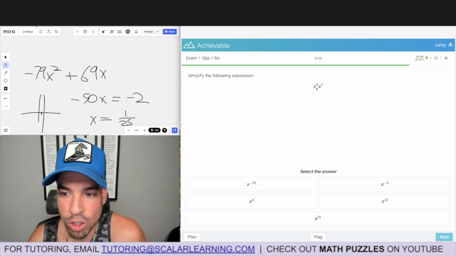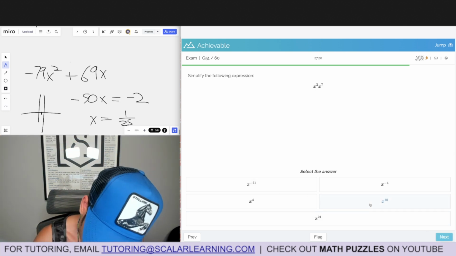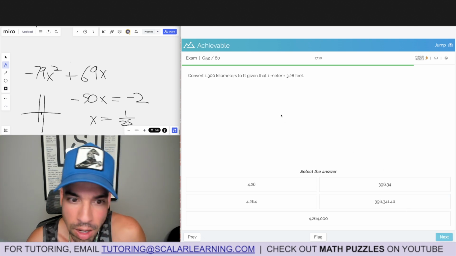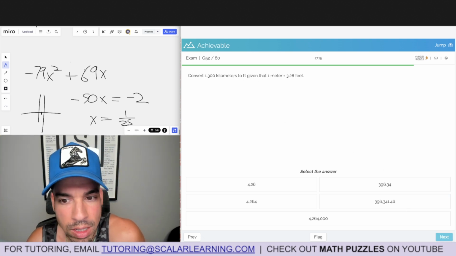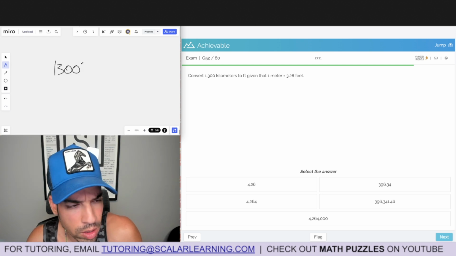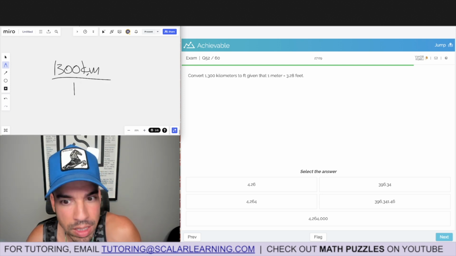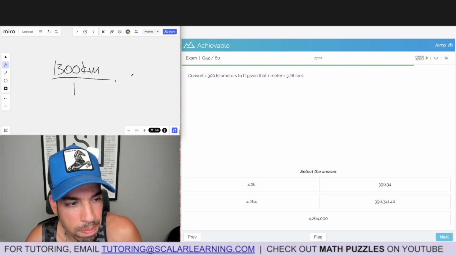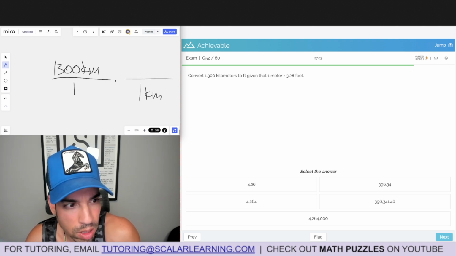Okay, simplify the following expression. You add the exponents, so it's x to the 10th. Convert 1,300 kilometers to feet. So we have 1,300 kilometers and we're trying to convert it to feet. First, let's go to meters. 1 kilometer, I put kilometers on the bottom because I have it on the top, is 1,000 meters.